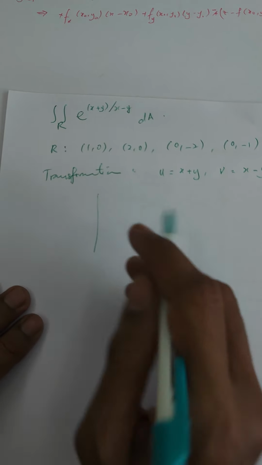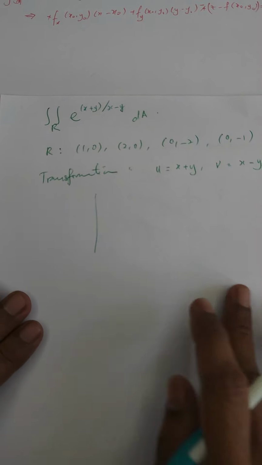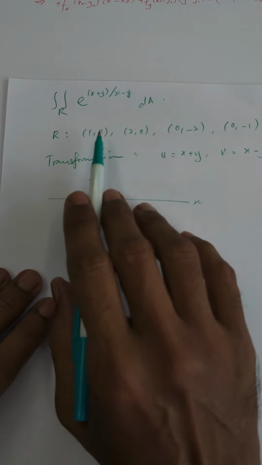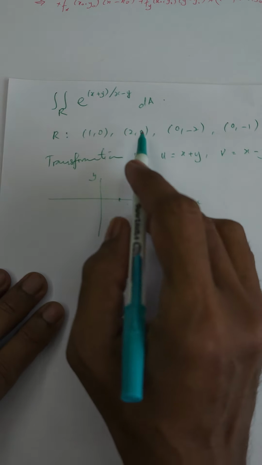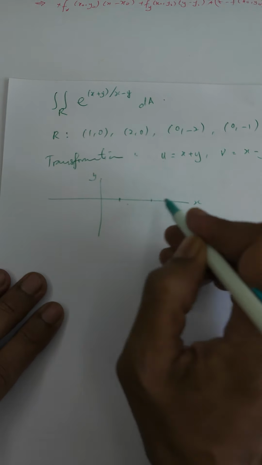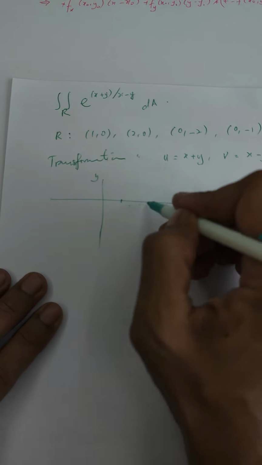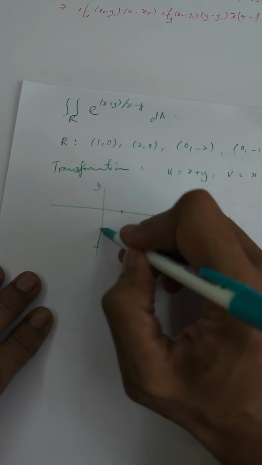So if you sketch those things, you have x and y. So R, (1,0) is here, say, and (2,0) somewhere here, and (0,-2) say here, and (0,-1) say here.